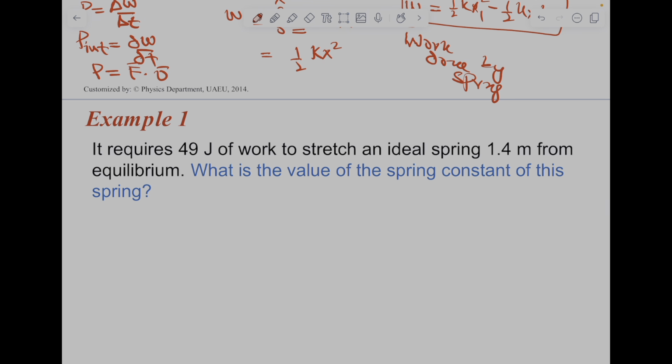If you require 49 joules of work to stretch an ideal spring by 1.4 meters from the equilibrium, what is the value of your spring constant?